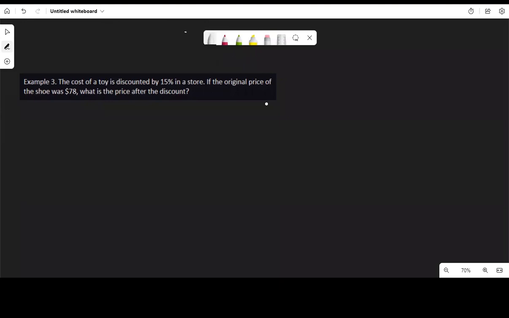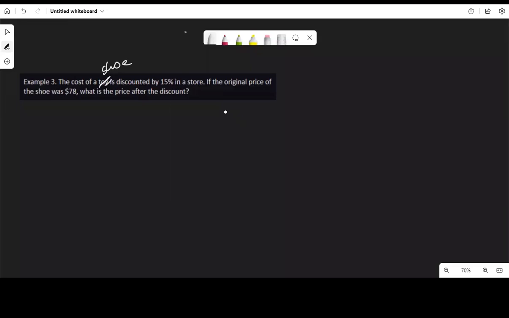Okay, the next question says the cost of a toy is discounted by 15% in a store. If the original price of the shoe, from toy to shoe, that was a mistake. This is supposed to be shoe. The cost of a shoe is discounted by 15% in the store.